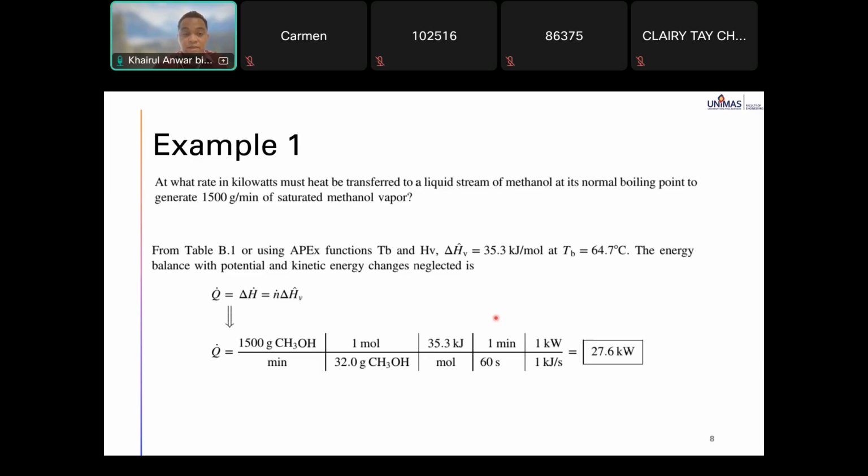From table B1, delta HV is 35.3 kilojoule per mole at TB, the boiling point, 64.7 degrees C. You can refer to table B1 to check. From the energy balance, with potential and kinetic energy changes neglected, Q equals delta H equals n delta HV.